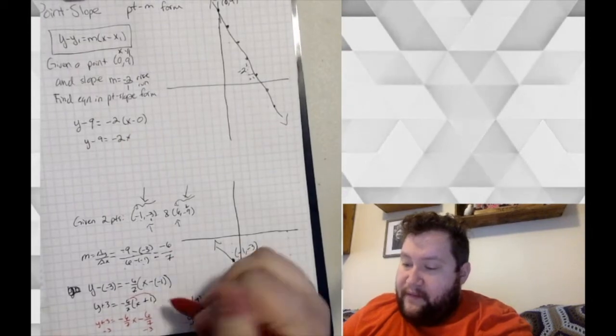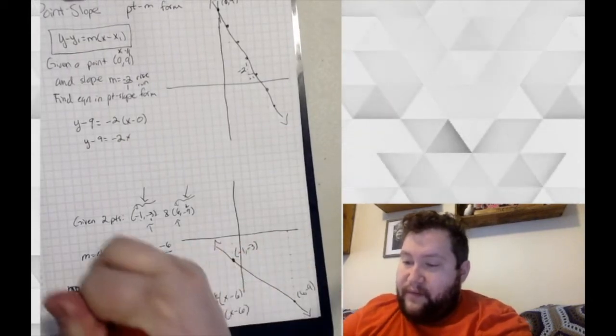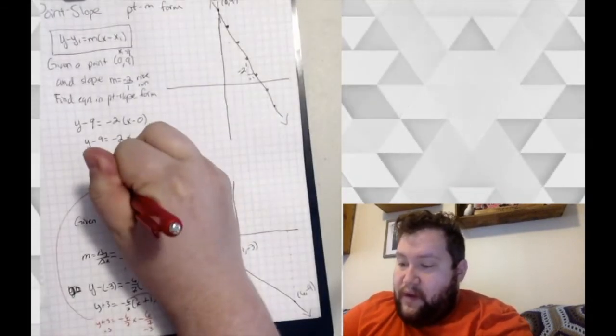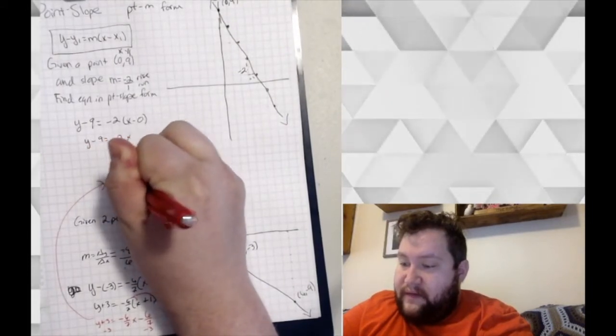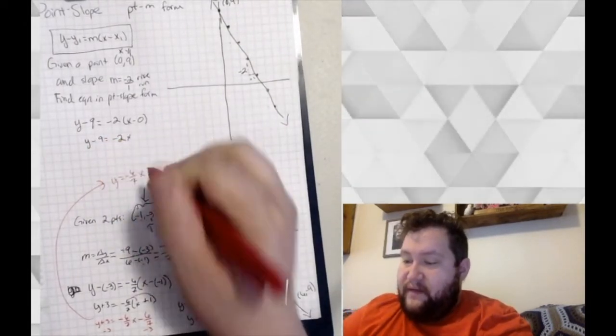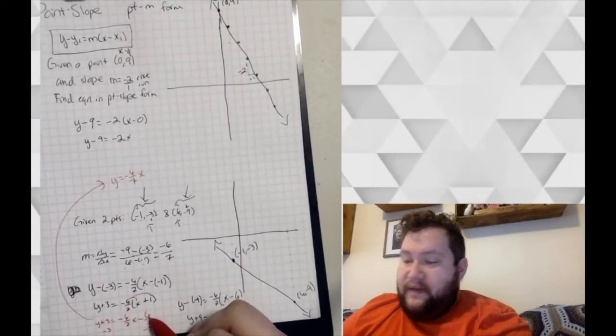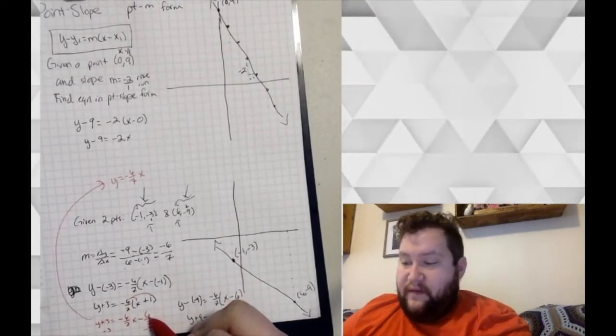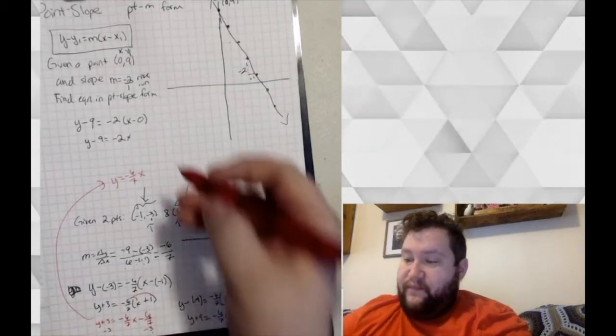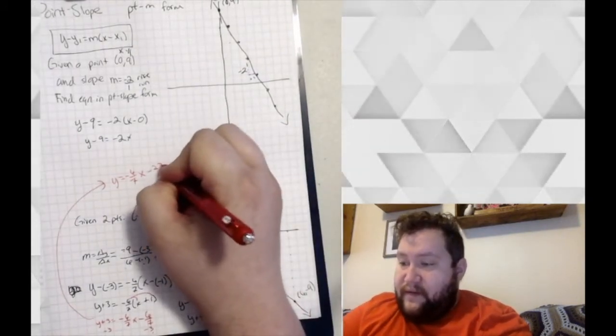I'm running out of room, so I'm going to write it up here. y equals negative 6 sevenths x minus 21 plus 6 is 27 over 7. So we have minus 27 over 7.